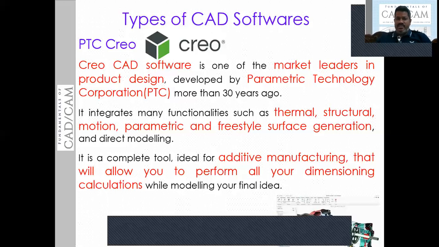This software can be integrated with thermal, structural and motion analysis, along with parametric and freestyle surface generation. This is a very powerful tool commercially available in the market. PTC is the company and Creo is the version, the advanced version of Pro Engineer. These are all the functionalities.